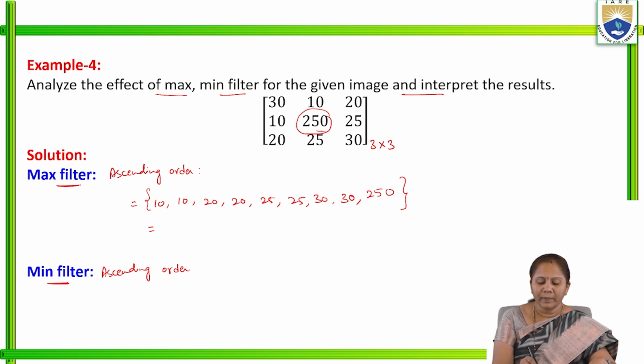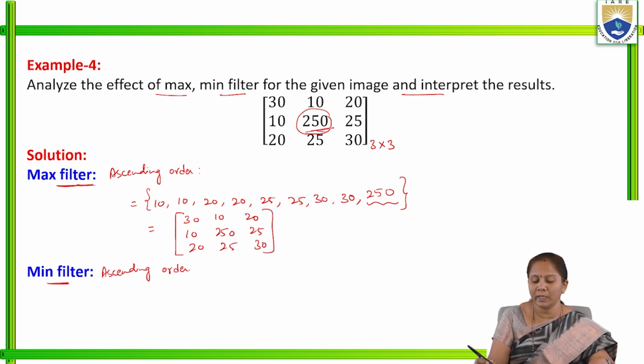If you apply this max filter, among all these pixels the maximum pixel value is 250. So this 250 will be replaced with the same value 250. The output image will be the same: 30, 10, 20, 10, 250, 25, 20, 25 and 30. Because the center pixel is 250 and the maximum pixel value is also 250, the input image and output image will both be the same.